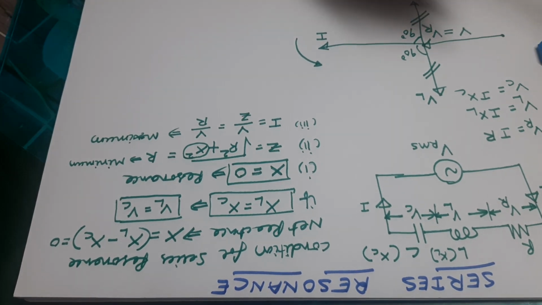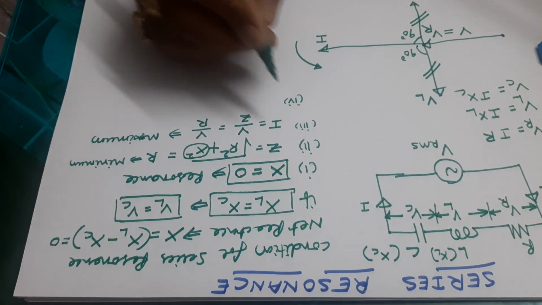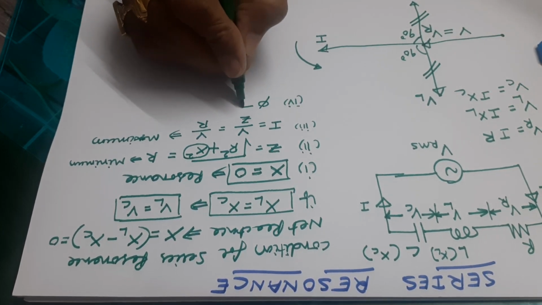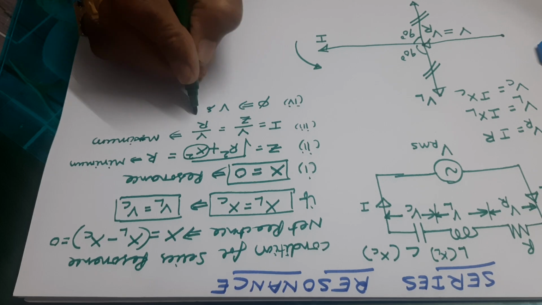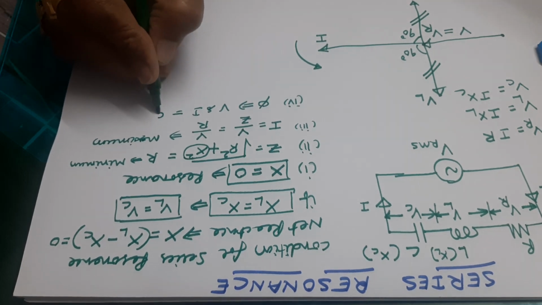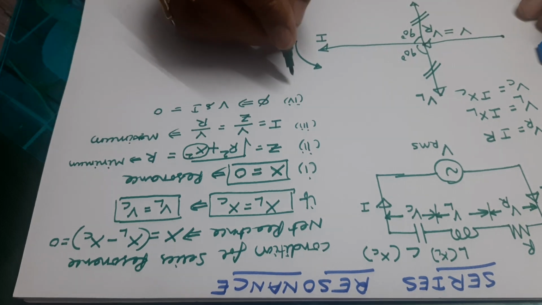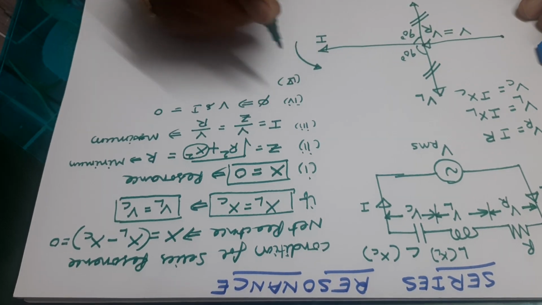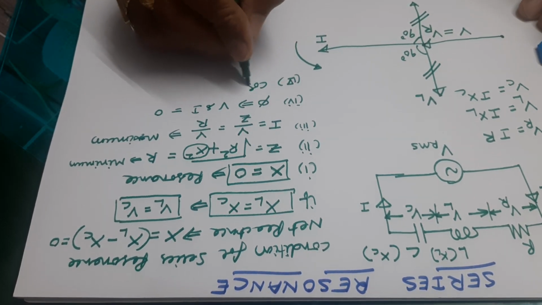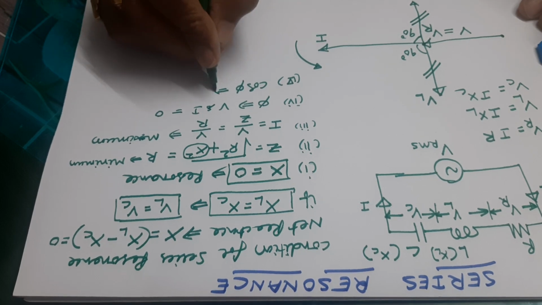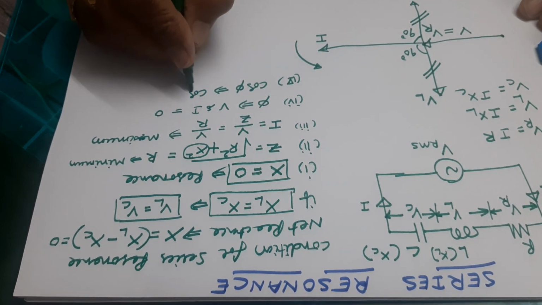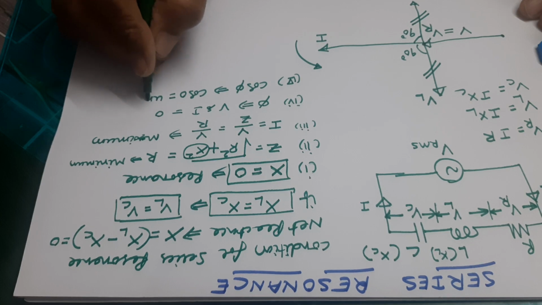And from this phasor diagram, it is clear that the phase angle between voltage and current is 0 because VR and I are in phase. Because the phase angle is 0, the power factor of this circuit is unity.